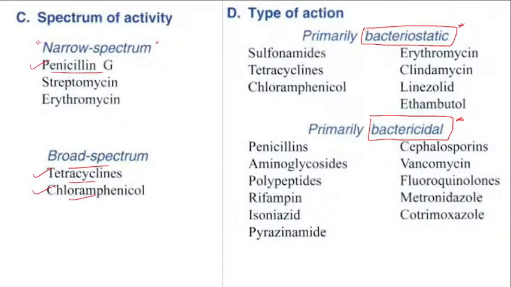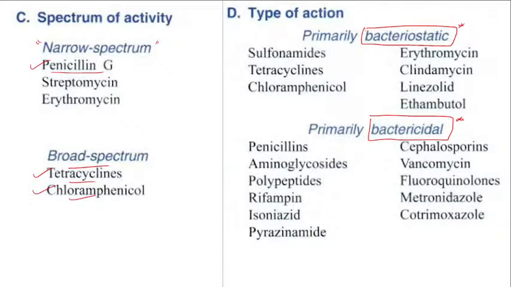But how do we understand, or how do we correlate, which are bacteriostatic? Those which are interfering with the metabolism, those which are interfering with the protein synthesis, they can be static. Those drugs which inhibit the protein synthesis, those drugs which interfere with the metabolism, mostly belong to the category of bacteriostatic.